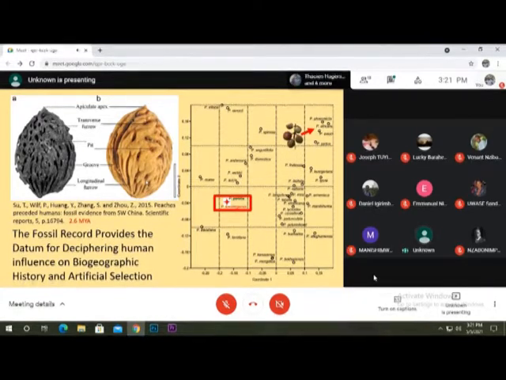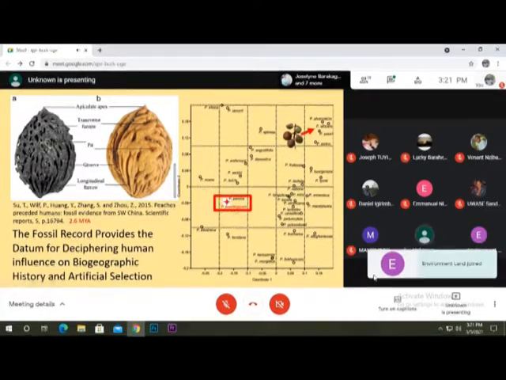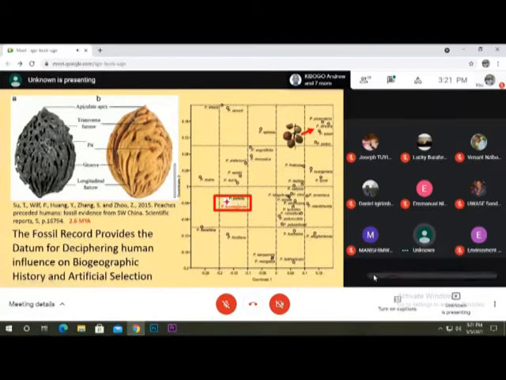And so colleagues from institutions in China and Pennsylvania State University measured and statistically compared key characteristics and basically found that the fossil species, which is red, and the modern fleshy peach cluster together.